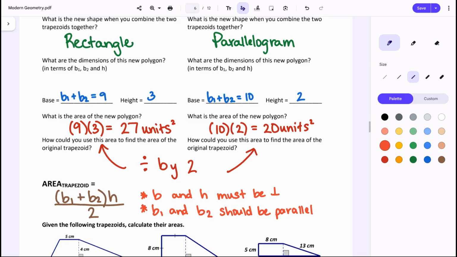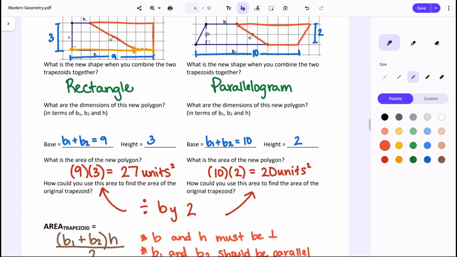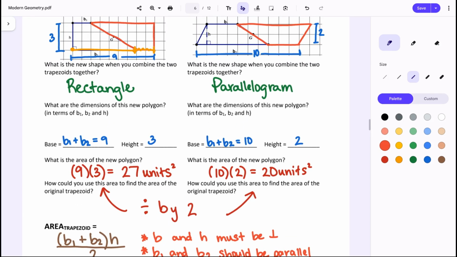You want to be able to identify your bases, so look for those parallel sides. And then you want to be able to find your height, and your height needs to be perpendicular, creating a 90-degree angle with your bases. Like on the first one up here, the height was built into the shape because that side was already standing upright. Over on this one where we made the parallelogram, they drew the height on the inside, but I also talked to you guys about how it could be on the outside of the shape too.